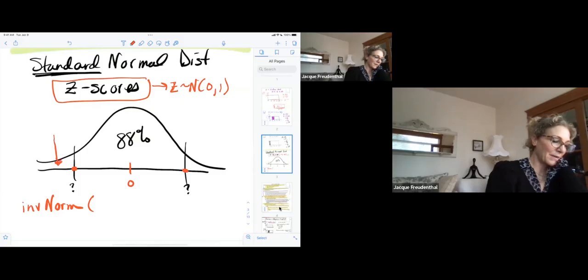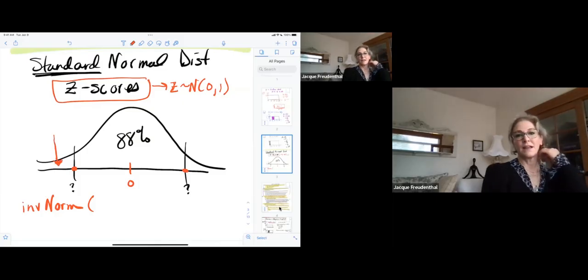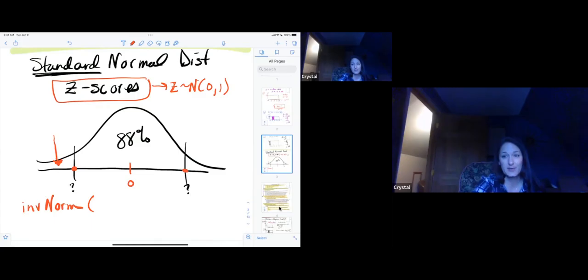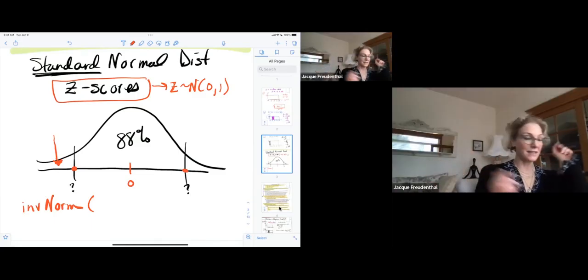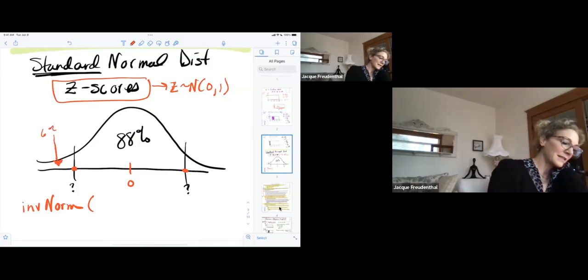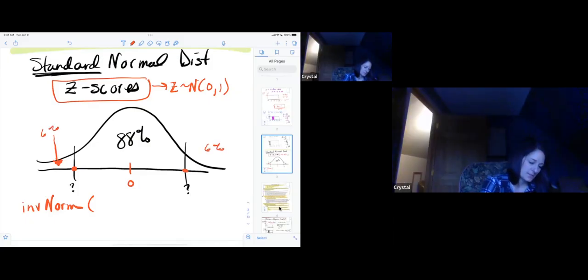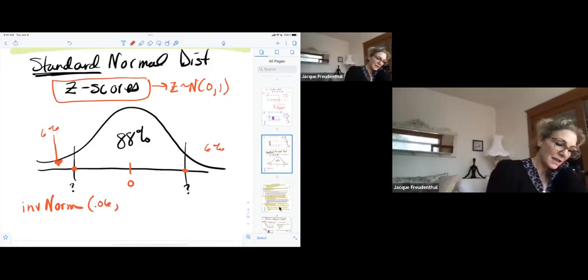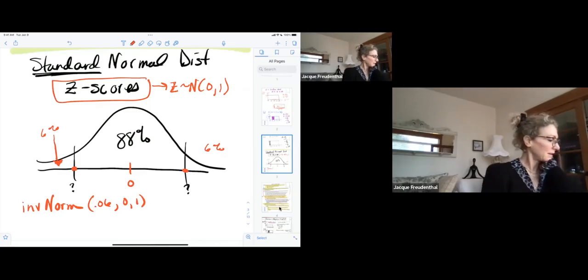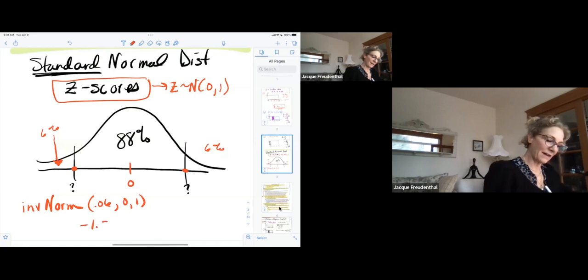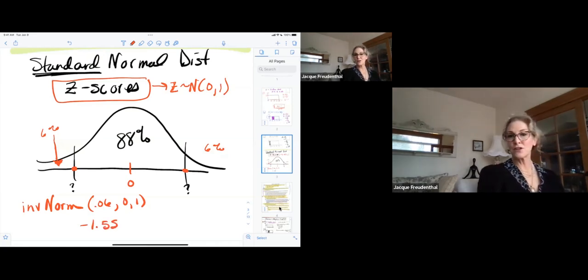So I would have to think about, what is this area here? If you have 88%, 6%. 6%. Yes, because 12% would be the tail. So this would be the 6% on this side and 6% on this side. So you'd have to put in 0.06, and you put in the mean and the standard deviation. So you get negative 1.55.